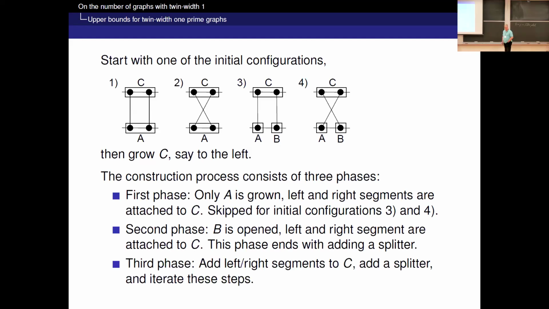And third phase, we add left-right segments to C, add a splitter, and iterate the whole process. So it turns out that the first 2 phases are asymptotically irrelevant. They are small. So we need to concentrate on the third phase, because there the main asymptotics come from.